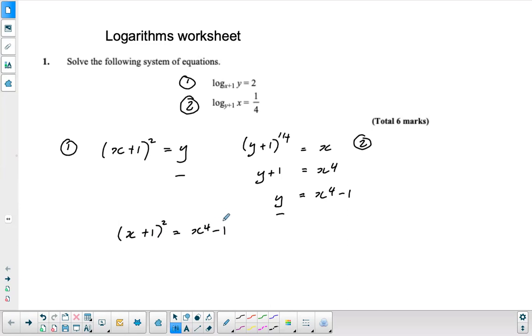At this point, I think I'd be reaching for my calculator, perhaps using the polynomial solver or solving graphically, and you get solutions which are that x equals -1, which is not actually possible because if x was -1, we'd be taking log to the base 0 up here, so that's not a solution. That's not possible.